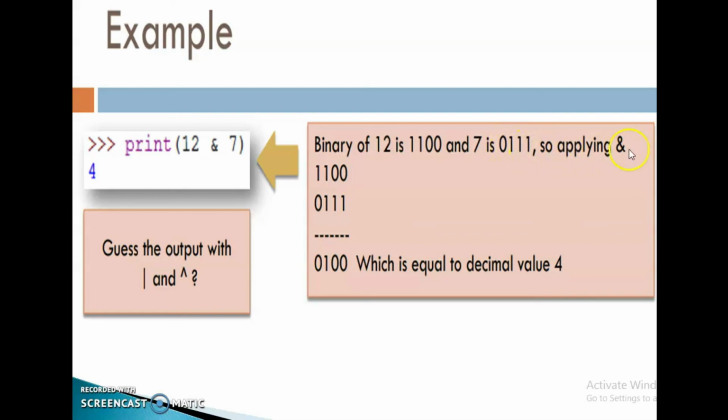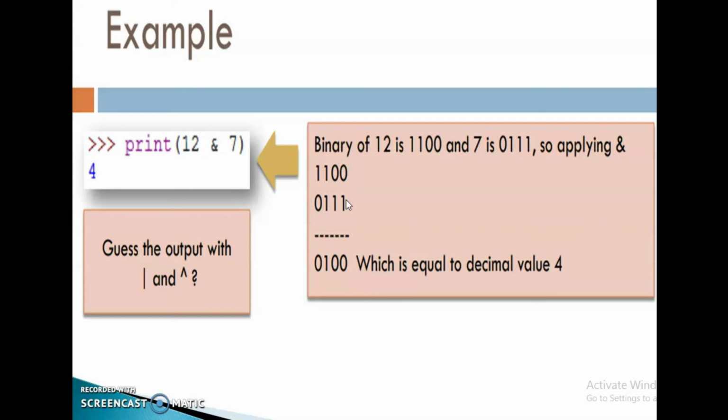So applying AND operator on these two binary values, 1100 and 0111. That means if the two inputs are 1, then only we will get 1 as the output. So here 0 and 1, so we can't get the value as 1.